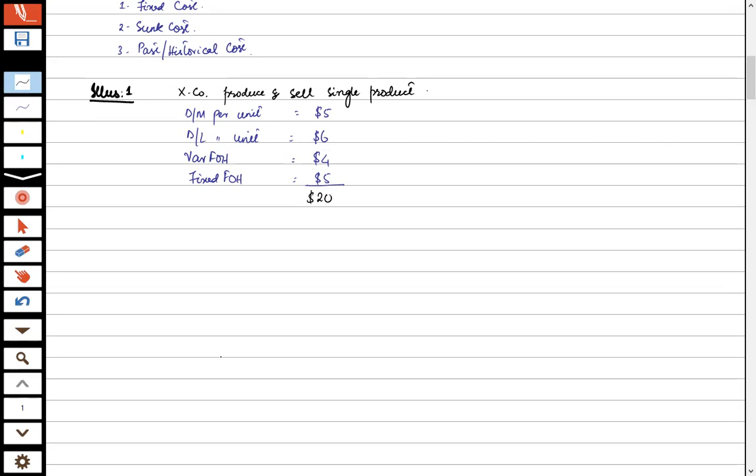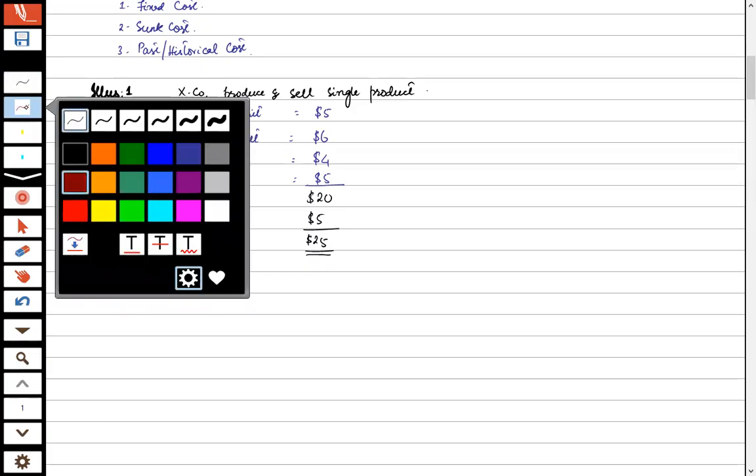The organization adds a profit per unit of $5. So in total, the selling price will become $25. Now, what is the issue? What is the situation?